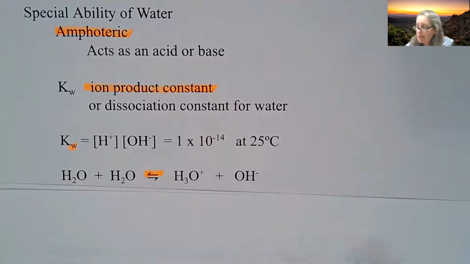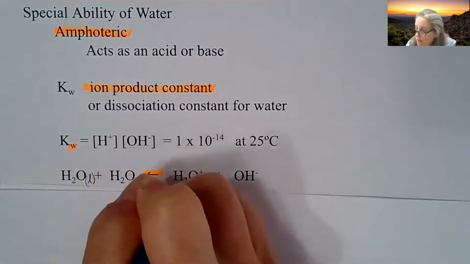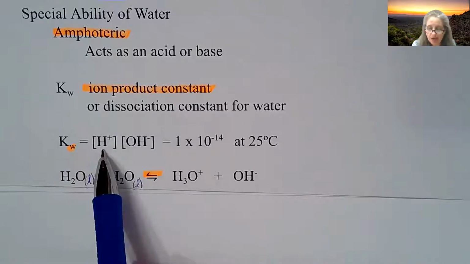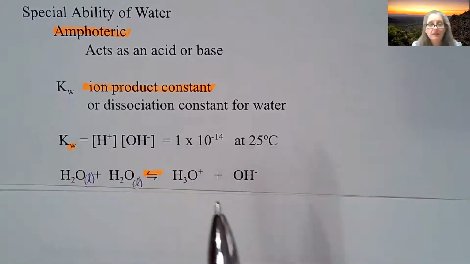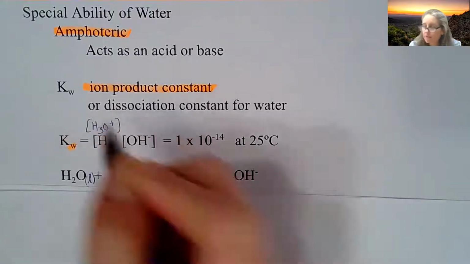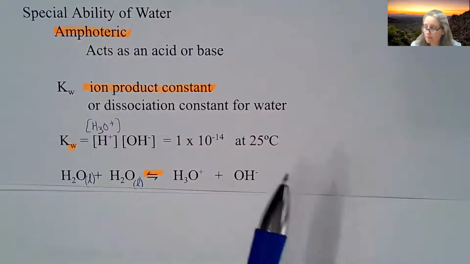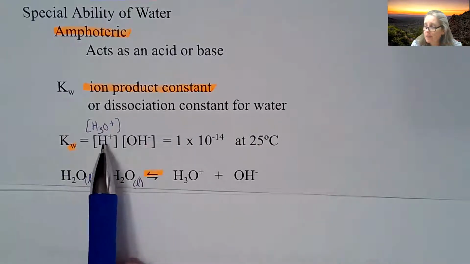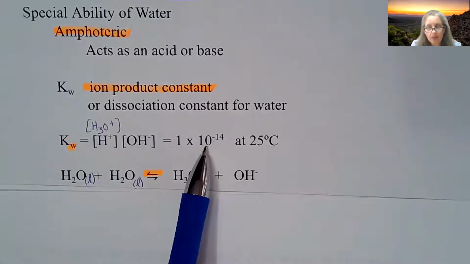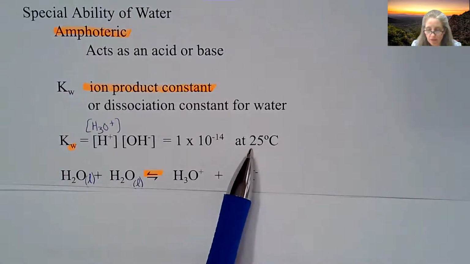Water is going to be in the liquid form over on the reactant side, so that is why you typically only see H plus or hydroxide in this expression. Again, you could substitute hydronium ion for the H plus, that is perfectly acceptable. But if you take the multiplication of these two concentrations, you get a magic number, 1 times 10 to the negative 14th at 25 degrees Celsius.